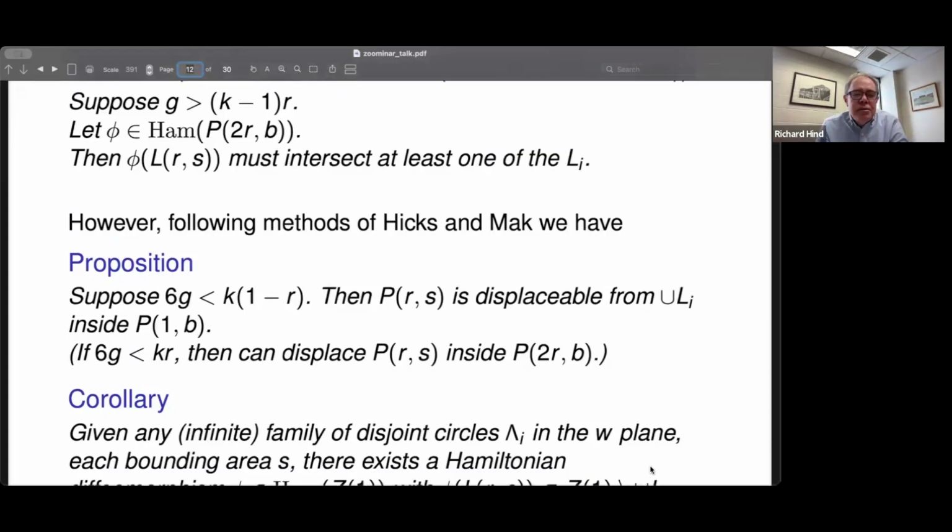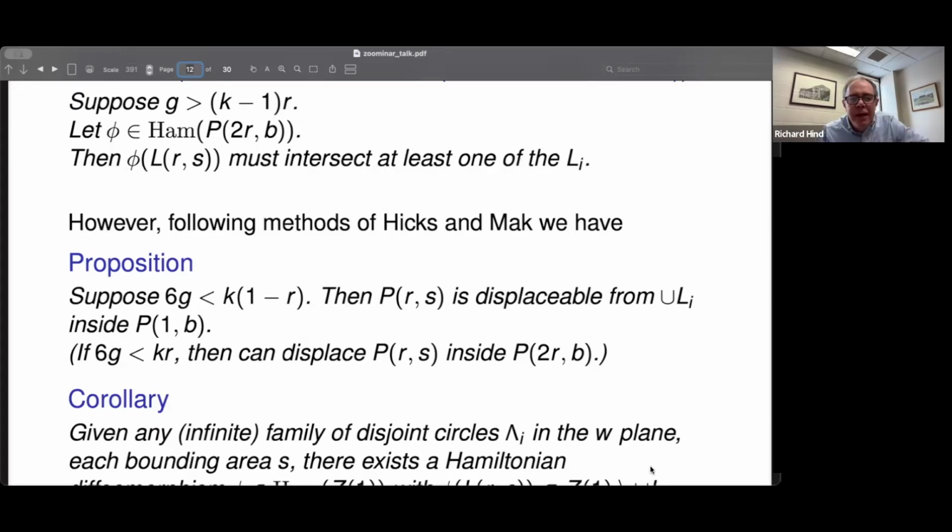Conversely, suppose the overlap area is small compared to R. Then not only can I displace the product Lagrangian from all of the L_i's, but I can even displace the whole corresponding polydisk. So this sort of forced Lagrangian intersection fails completely when the overlap area is small enough.